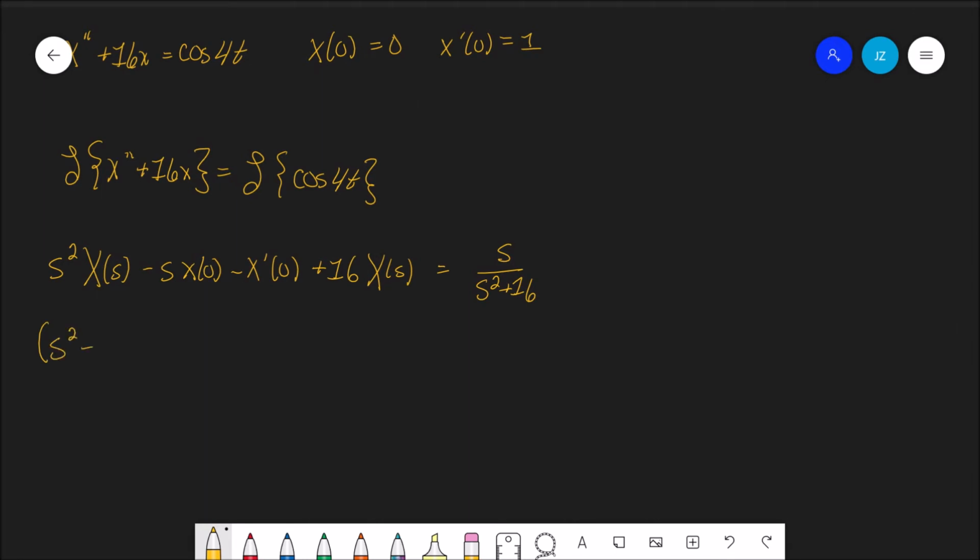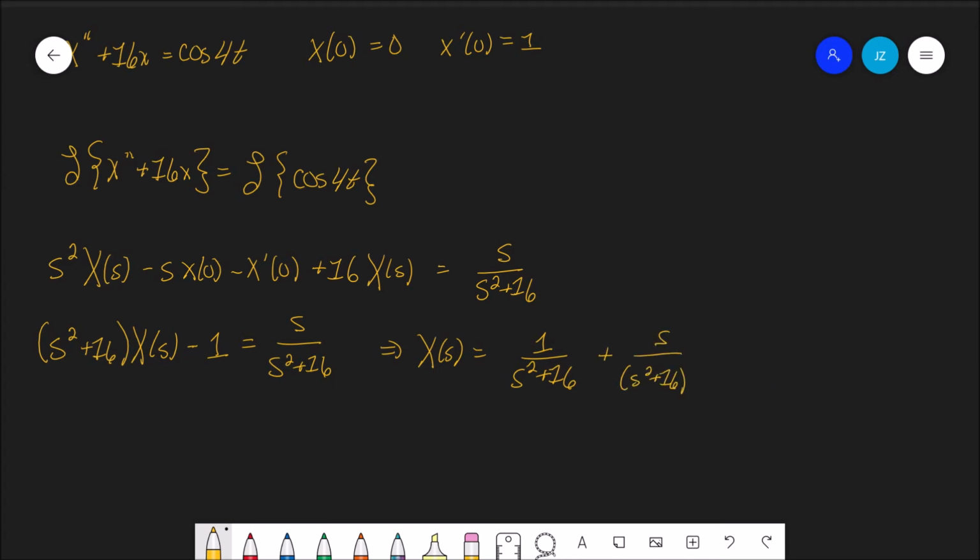So (s squared plus 16) X(s) minus 1 is equal to s over s squared plus 16. So X(s) will be 1 over s squared plus 16 plus s over the quantity s squared plus 16, squared.